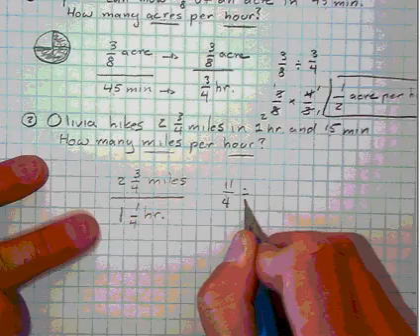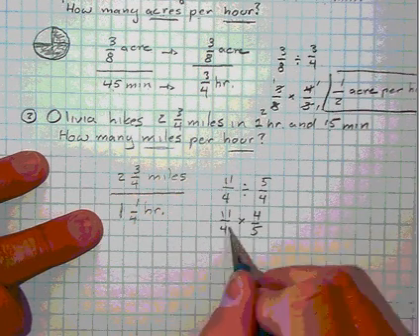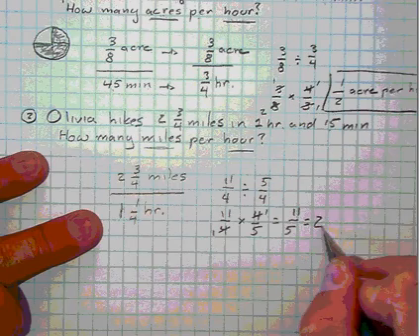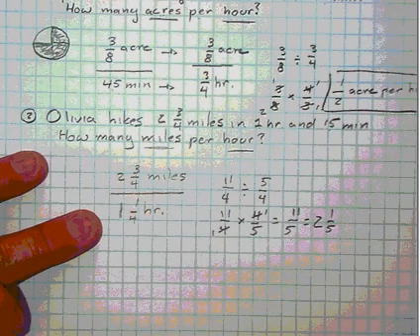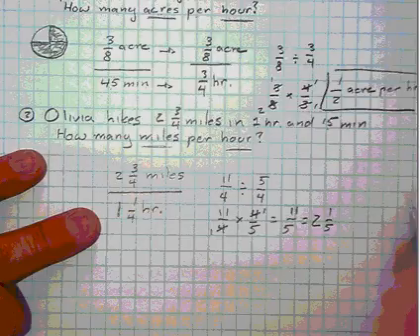Then I'm going to copy, change, and then flip. My 4's cancel. Gives me 11 over 5. Which then reduces to 2 1/5. So Olivia hikes 2 1/5 miles per hour. And that is a commonly used abbreviation for miles per hour, MPH. You probably have seen that on road signs and cars before, miles per hour.